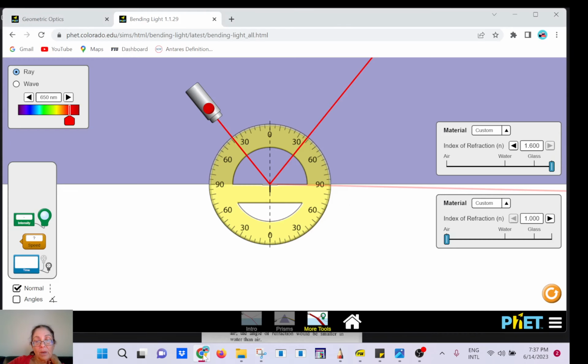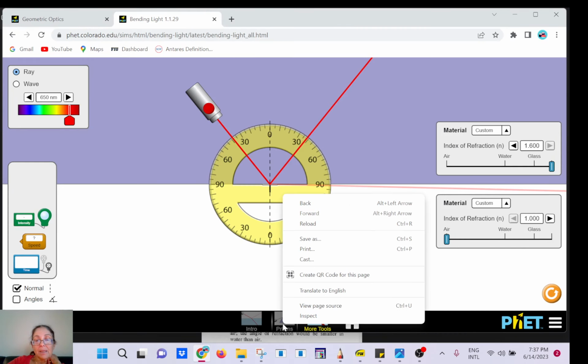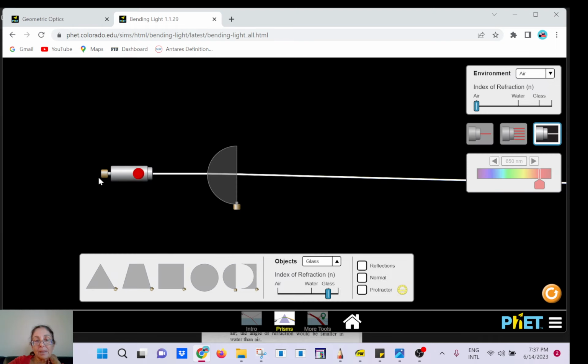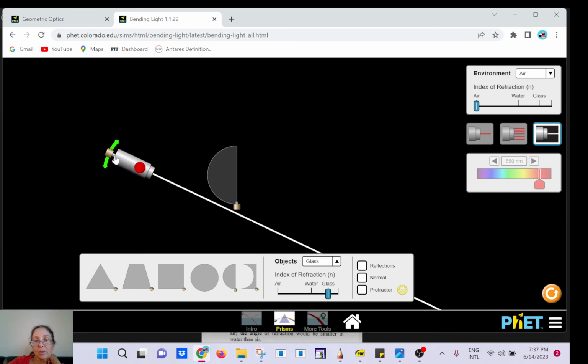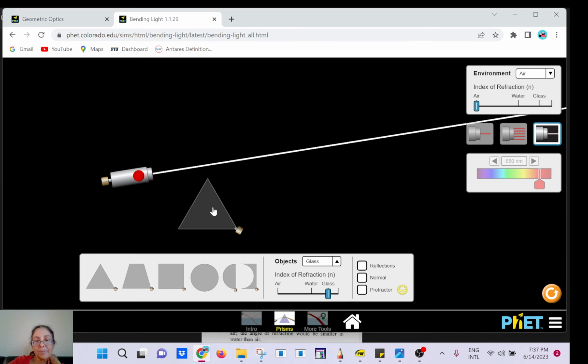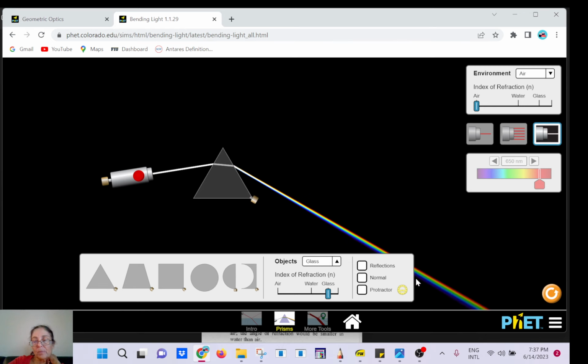Because remember, when you have a prism here, if you take white light, then of course you're going to make a rainbow. If you take a prism, here is a rainbow. So it's called dispersion. And if you increase the index of refraction, it's going to disperse even more.